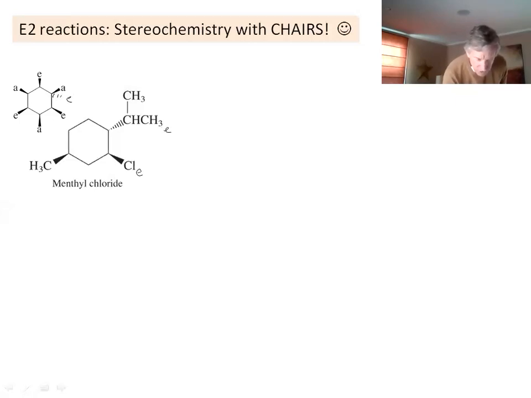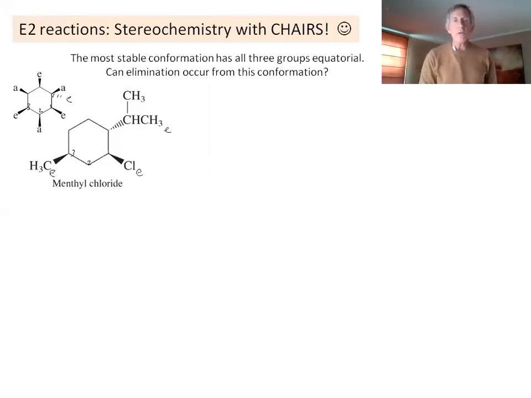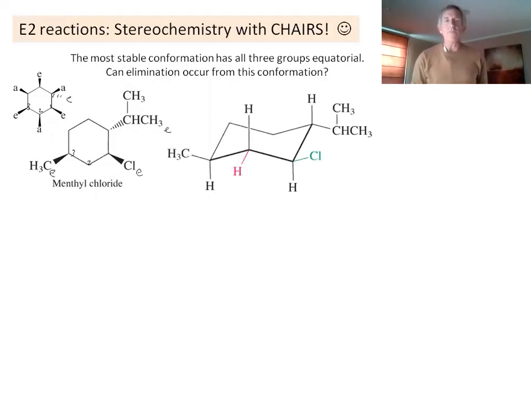And notice, according to this mnemonic, I go 1, 2, 3 carbons away, 1, 2, 3 carbons away, and a wedge becomes equatorial. So basically, I can draw all 3 of these substituents in this pattern in an equatorial fashion, and that would be the lowest energy conformation. So here's a picture of that.